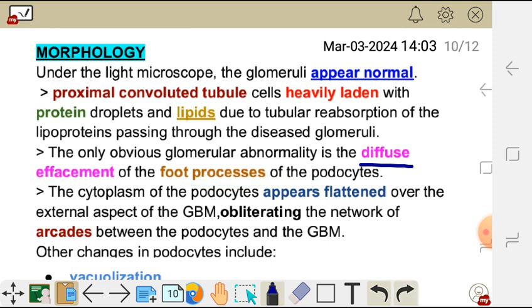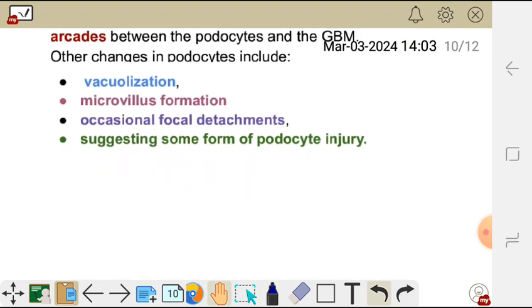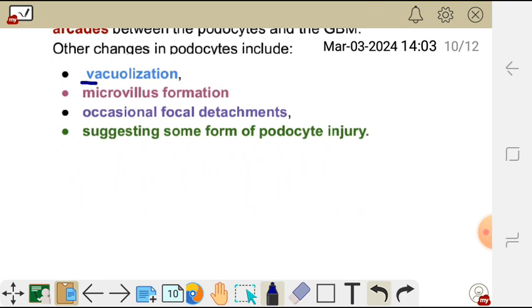of the podocytes, and the cytoplasm of the podocytes will appear to be flattened over the external aspects of the glomerular basement membrane. Then apart from that, we have other morphologic features such as vacuolization, where we observe vacuoles in the podocytes.